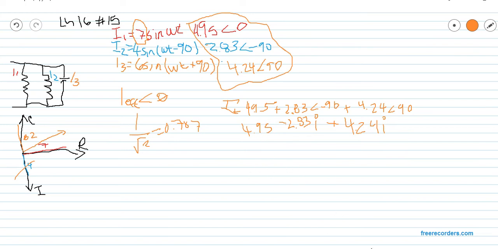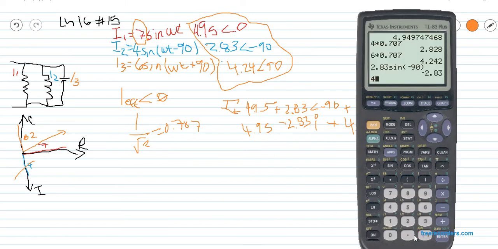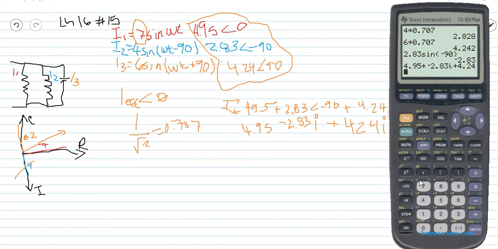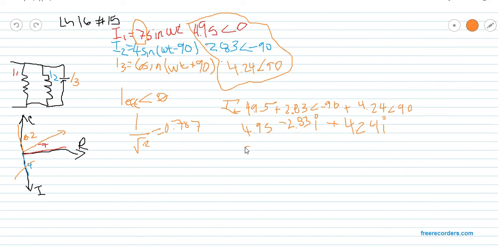When we add all those up in this calculator, 4.95 plus negative 2.83 I plus 4.24 I, we get 5.15 at an angle of 16 degrees essentially. That is your phasor form for IT.